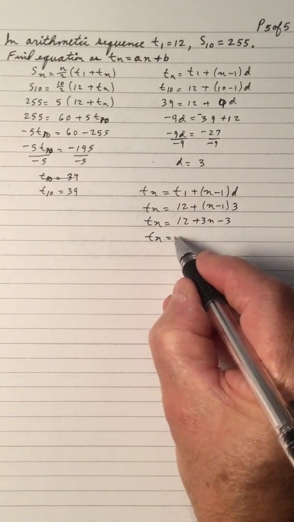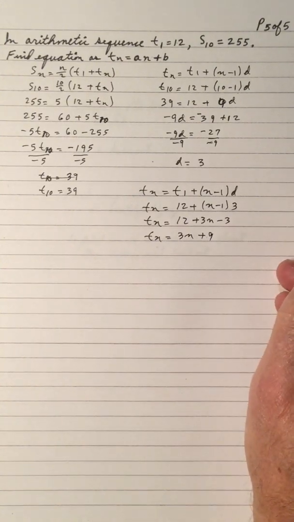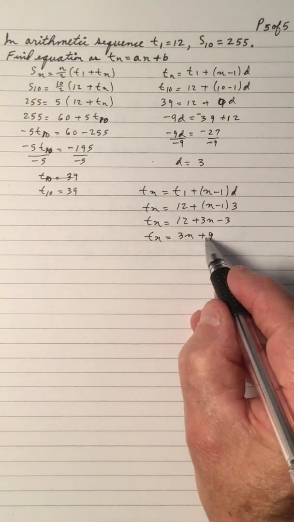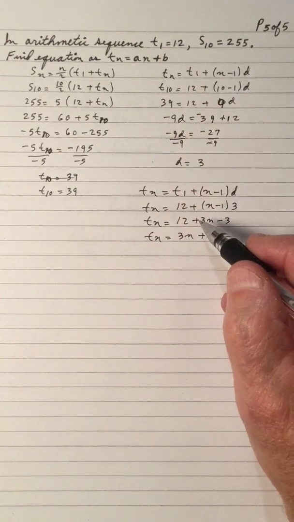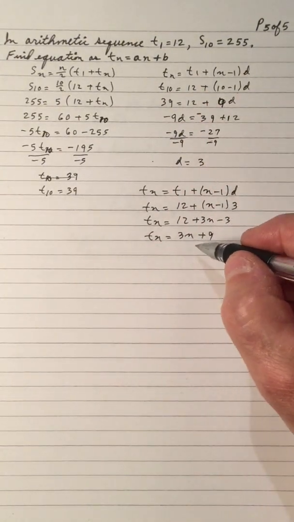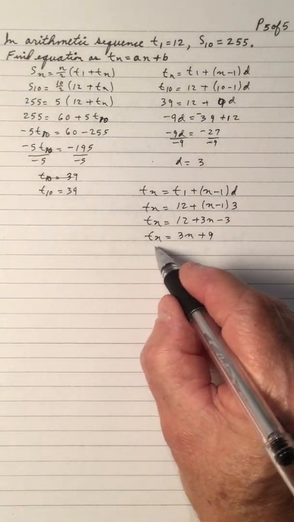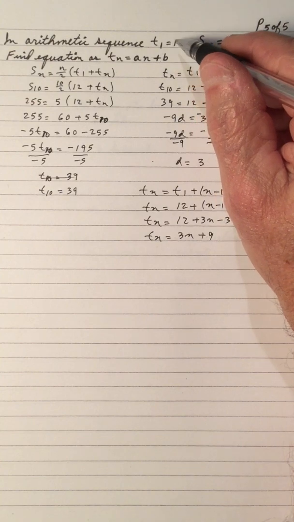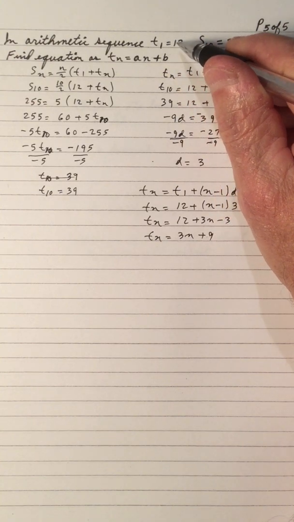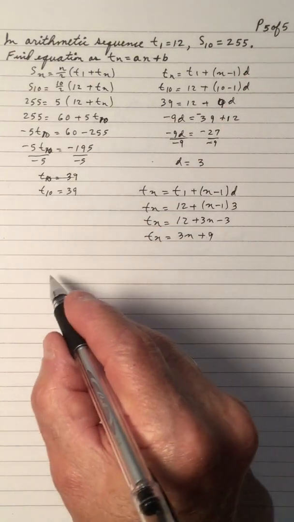So Tn is 3n plus 9. And if you put 1 in, you'll get your 12. And if you wanted to work out all the terms, then you can, but this is the equation that represents this arithmetic sequence, which has a first term of 12 and a sum of 255.